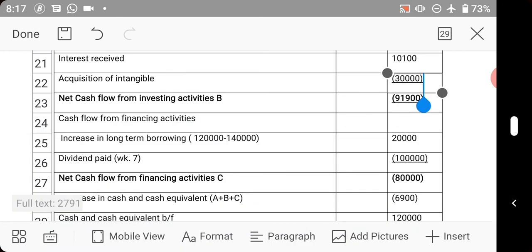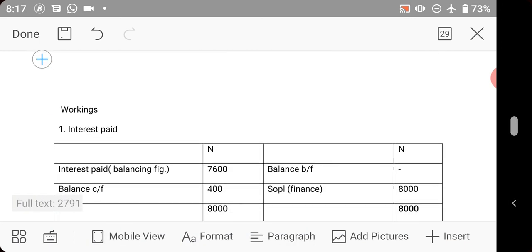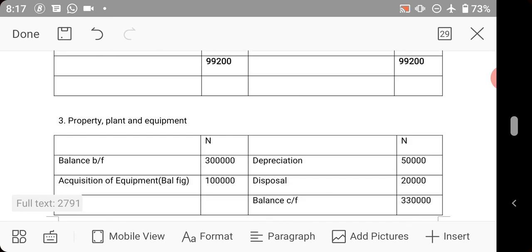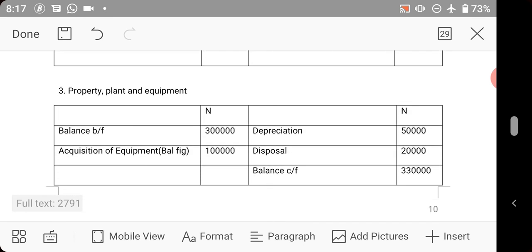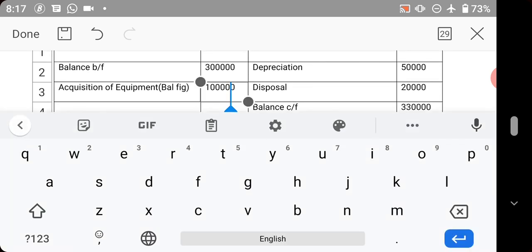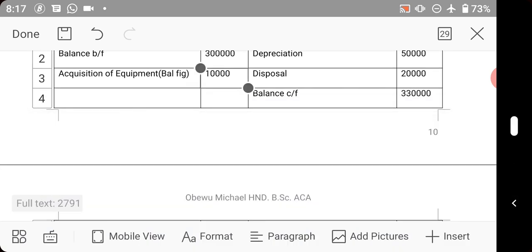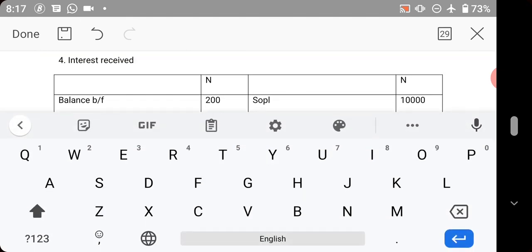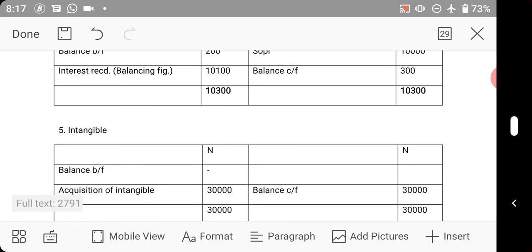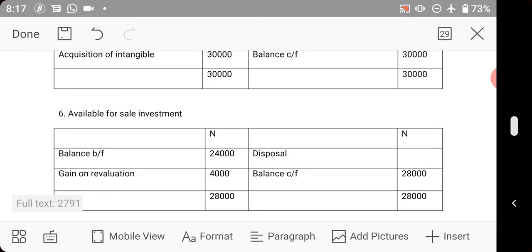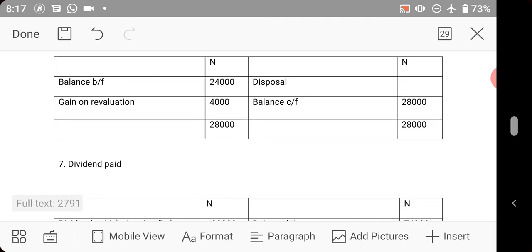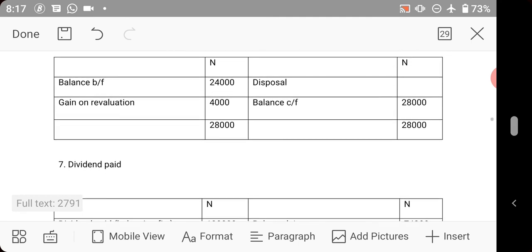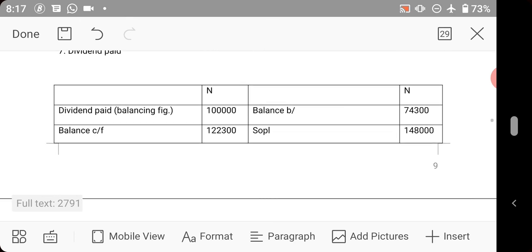That was the first thing we did. I hope you can remember. Let me also go and remind you of them. Property was working number 3. So this value is what we are making use of. You understand? Another one is interest received, which is an increase in cash. Another one is available for sale investment acquisition.